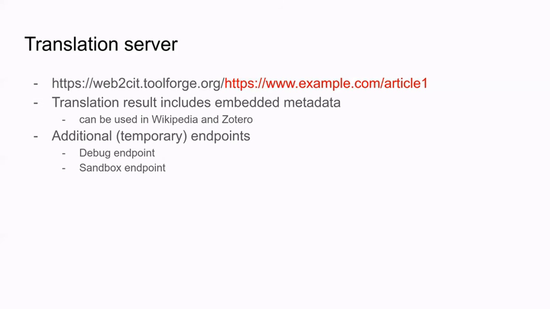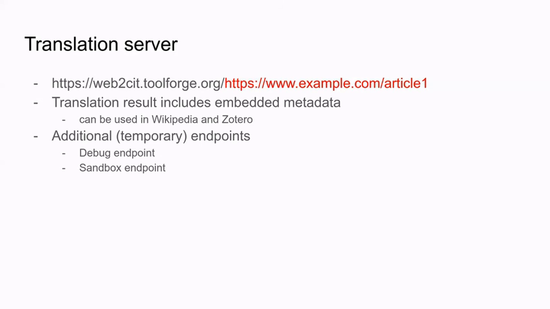And the other endpoint that we would like to add is the debug endpoint. This is because, imagine you want to translate a web page using a configuration that you have defined, and the citation output is not what you expected. Then you might be wondering what happened. Maybe my template does not apply, but why doesn't my template apply if I think I have done it correctly?